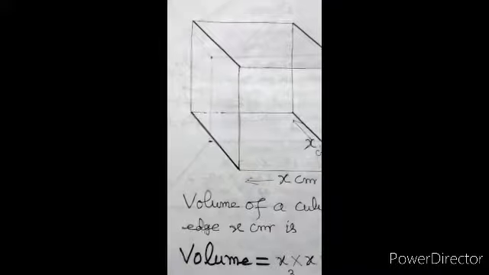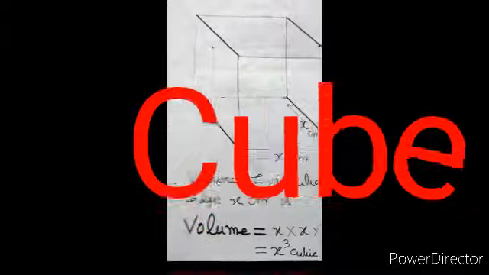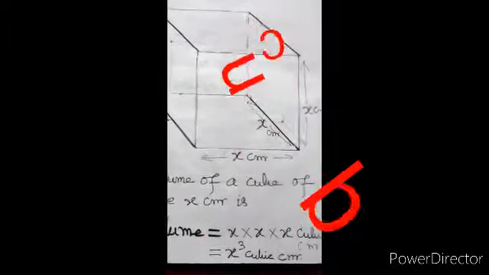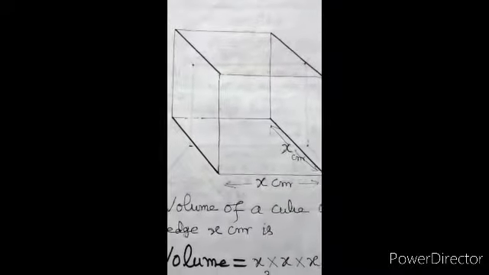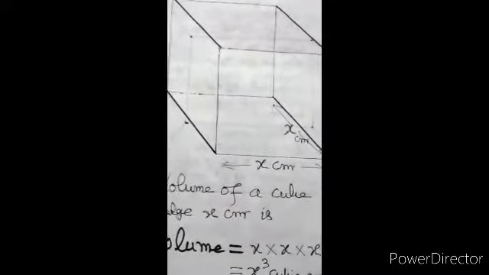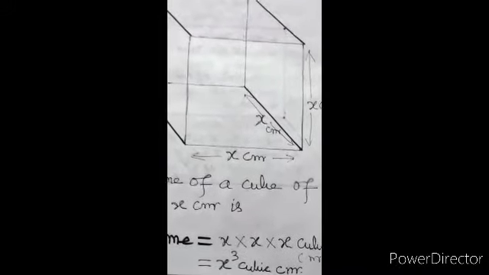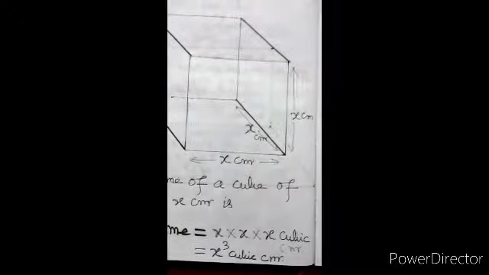Volume of a cube of edge x cm is x cube cubic cm. Its unit is cubic cm or cubic meter, as it has three dimensions: length, breadth, and height. When we write x cm into x cm into x cm, then it will give us x cube cubic cm or cm cube. This is volume of cube.